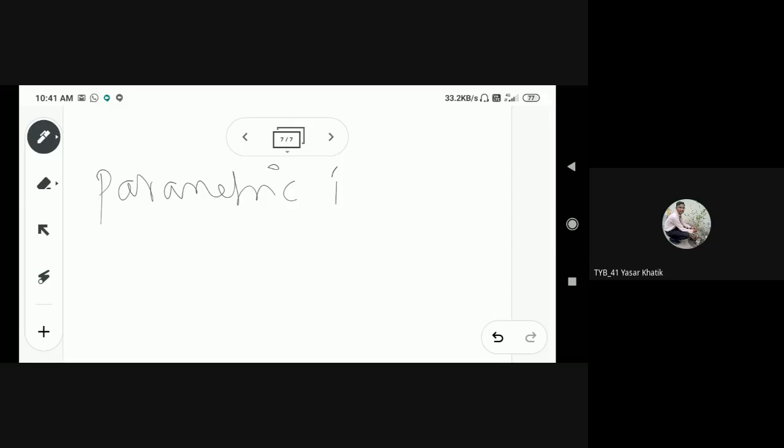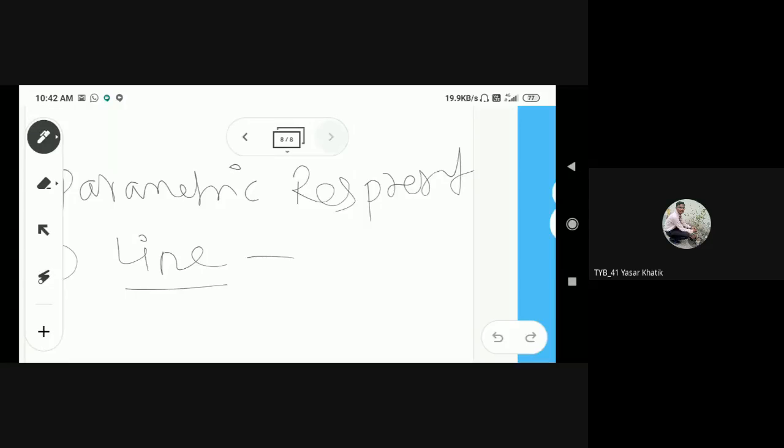So first of all, I will take as an example the line. What are the parametric representations of the line? In that there are two types. One is the implicit form and the second is the parametric form.